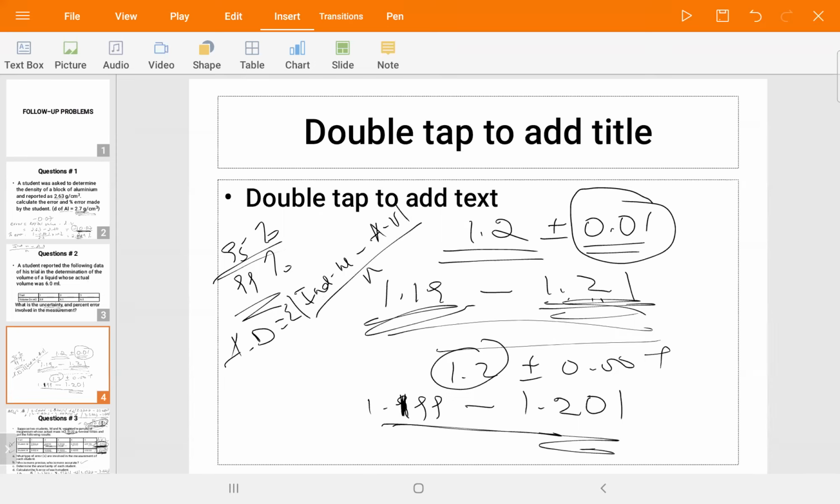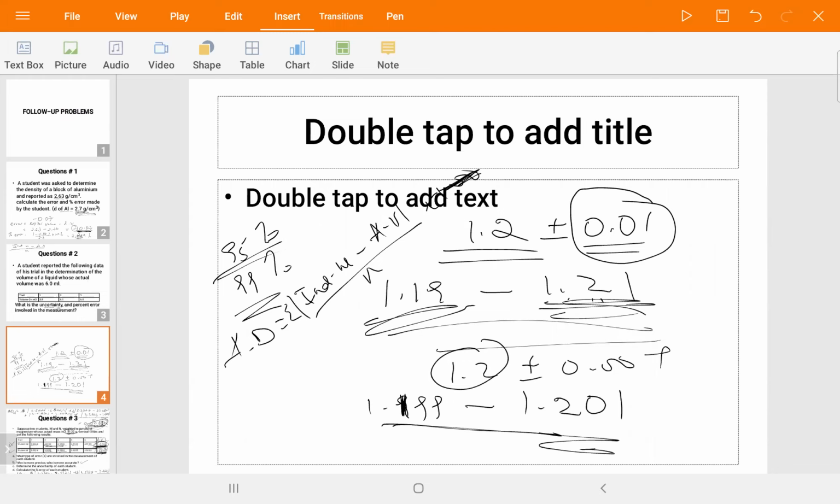N refers to the number of measurements or trials, times 100. That would be your average deviation. So average deviation indicates the uncertainty.